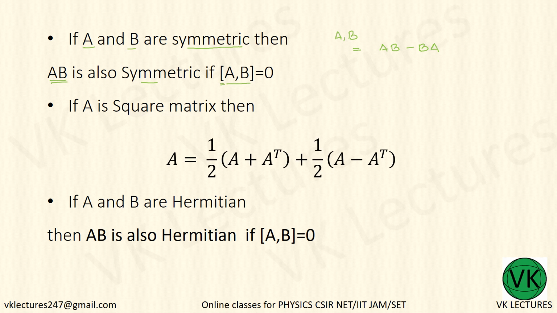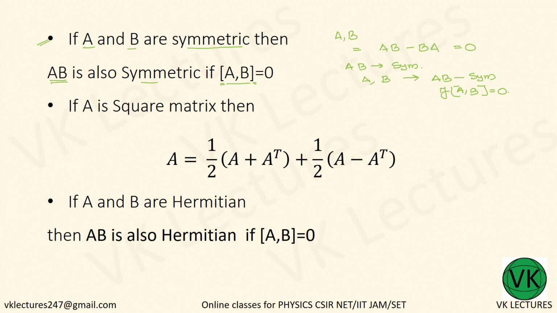So if AB minus BA equals 0, then AB is symmetric. That means if you have symmetric matrices A and B, AB is symmetric if A comma B equals 0. So this is what is given in the first point.